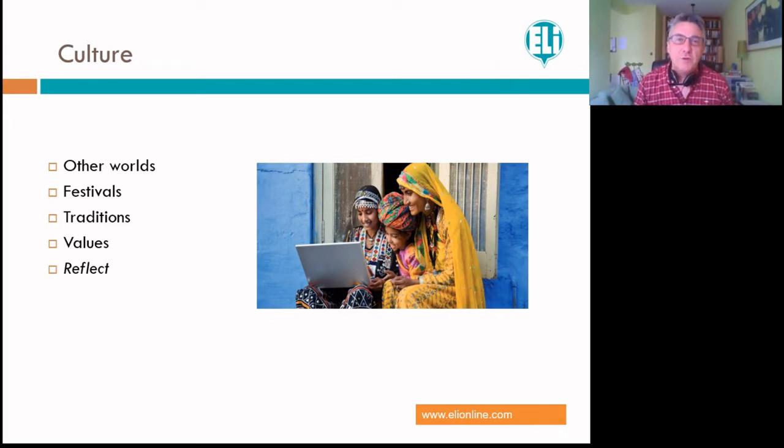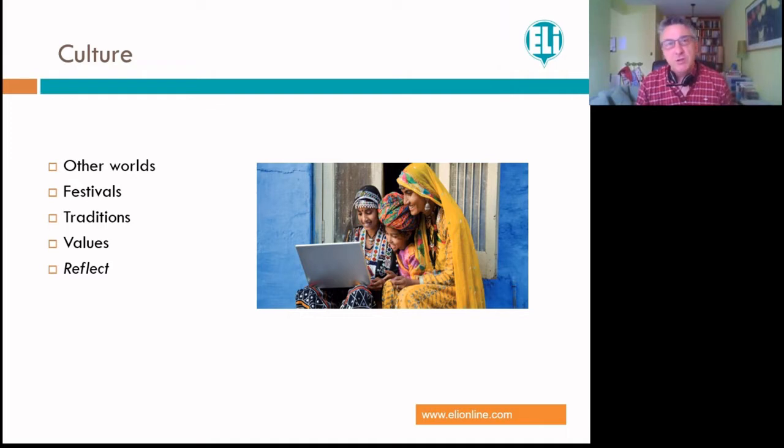But in our course books, what we need to do is show the students, and remember, they're young adults, they're curious, they've got to learn about other worlds around them. They tend to think their own world is the right one, but we're teaching them that there are other worlds, festivals, traditions, belief systems. We are living definitely in a time where people are questioning, even criticizing, other people's belief systems and values.